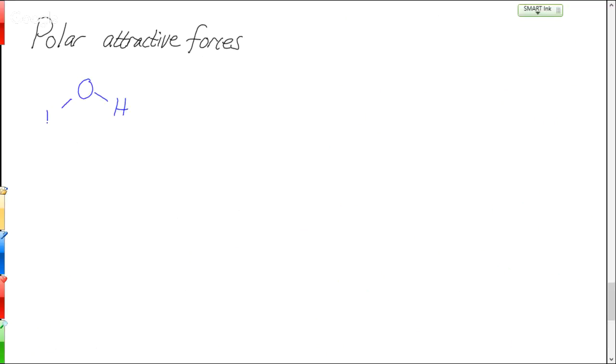So we drew water, and we said that there's a positive on the hydrogen and negative on the oxygen. So the way that might interact or attract with another water molecule is that the negative part of another water molecule would line up with the positive part of the first one, and you'd get this attraction.